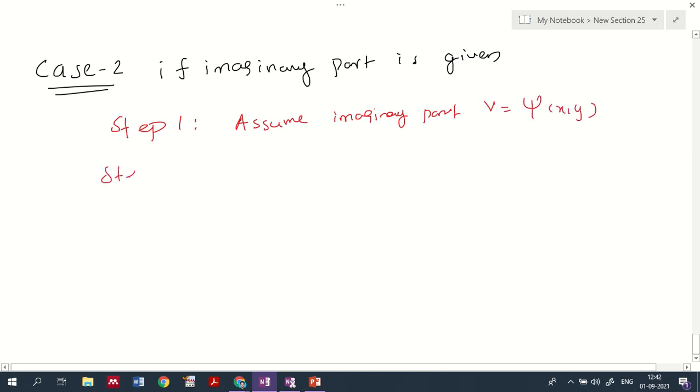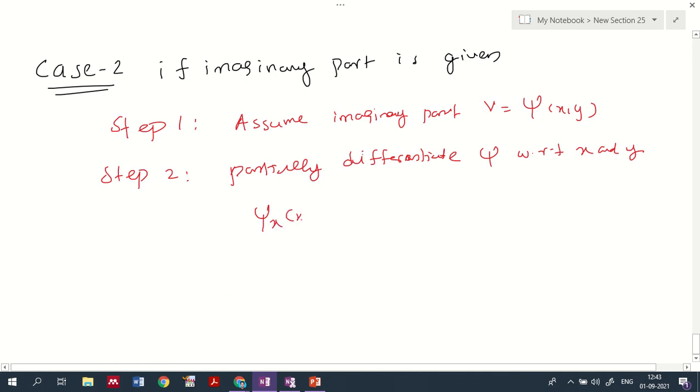Okay, then step 2, like the same one, partially differentiate psi with respect to x and y, that is you will be getting psi x of x, y, that is dou v by dou x, okay, and also dou v by dou y, that is equal to psi y of x, y.